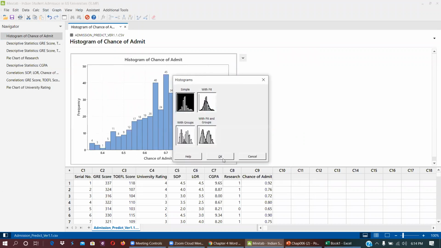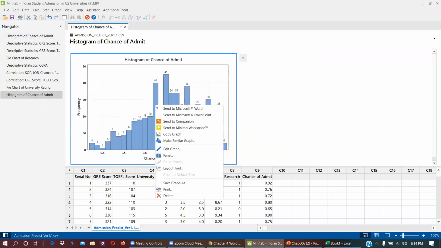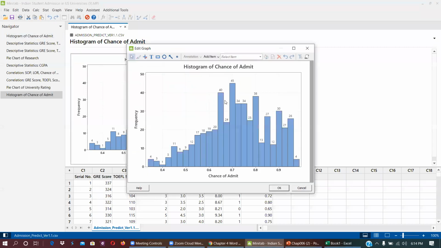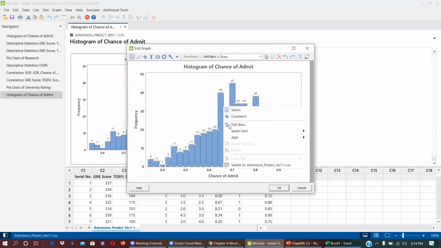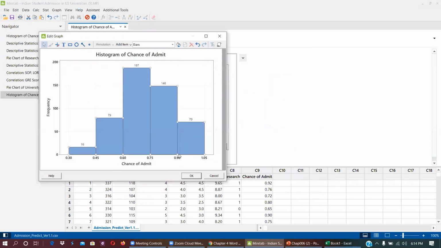I'm just using chance of admission levels I already placed. Let me go with edit bars, binning. I'm just using 5 of them. Okay, so you can see here. Can you see 90% and onwards? How many? 70. 70 out of 500 is how much? 14%. So this is the answer.